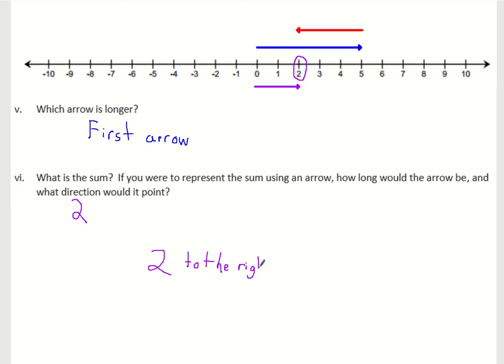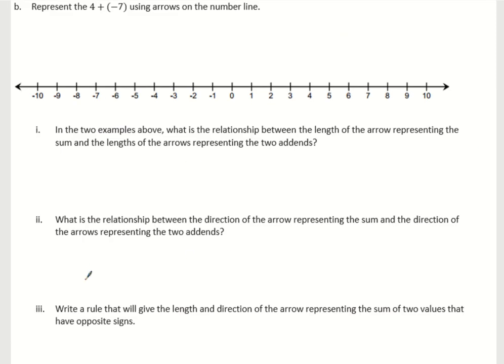Okay. So my longer arrow was my first arrow, the arrow that's pointing to the right. And the arrow that represents my sum is also going to be pointing towards the right. Okay, interesting. Well, let's look at it the other way.